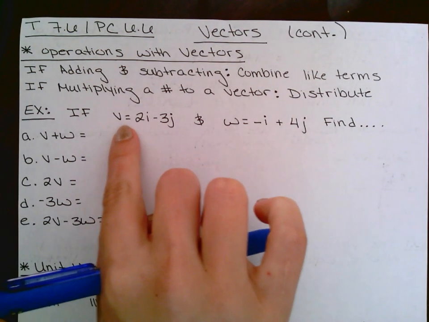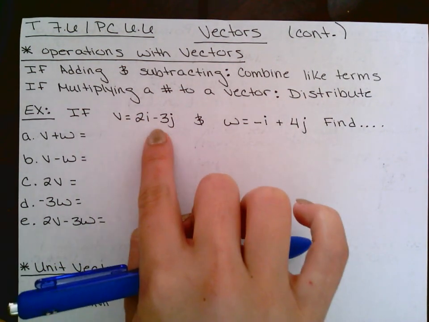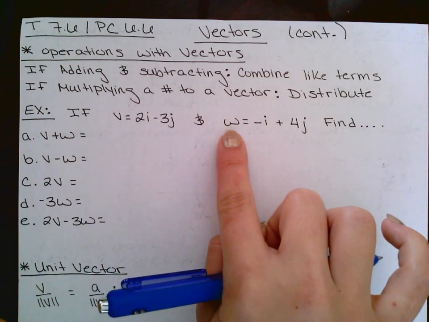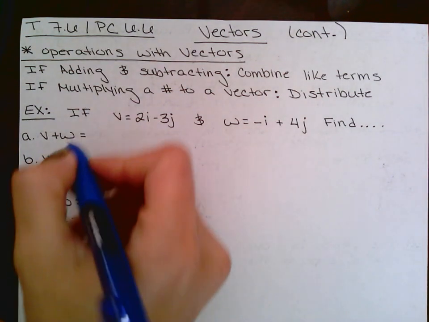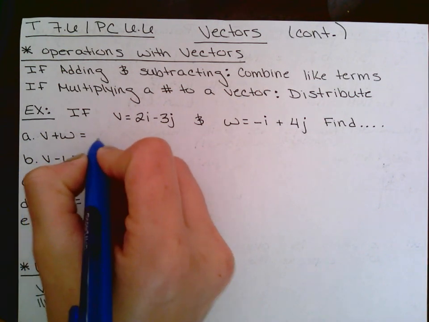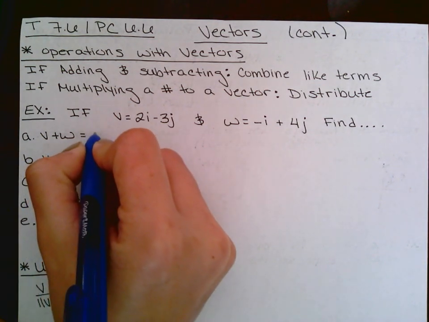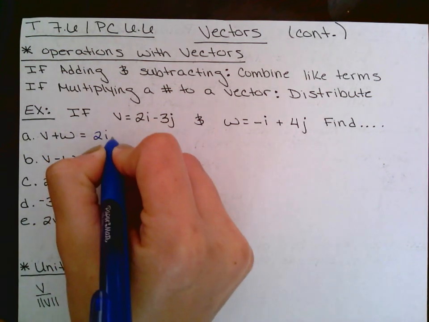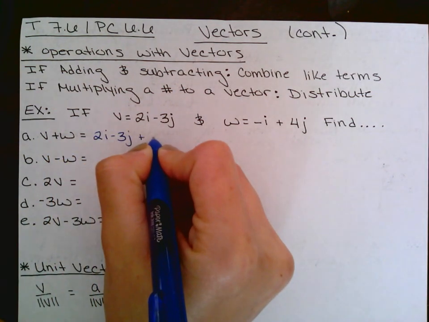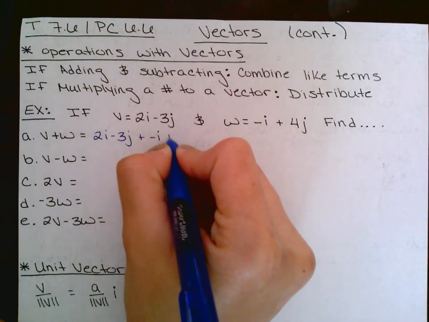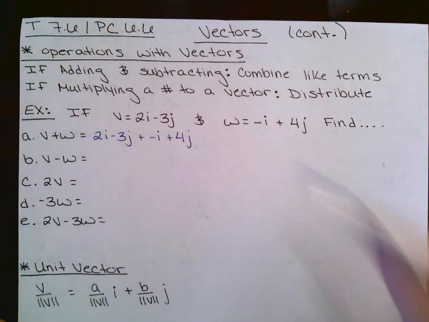So here is vector v, 2i minus 3j, and here's vector w, negative 1i plus 4j. So if I want to add them, I'm going to say 2i minus 3j plus a negative i plus 4j. Okay?